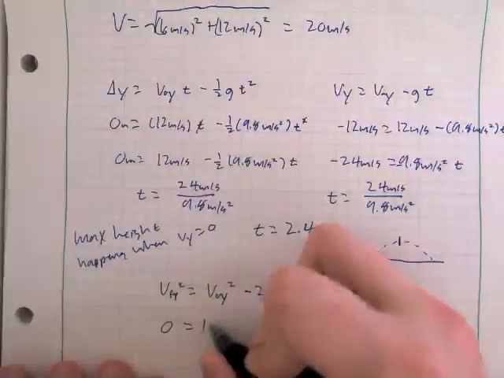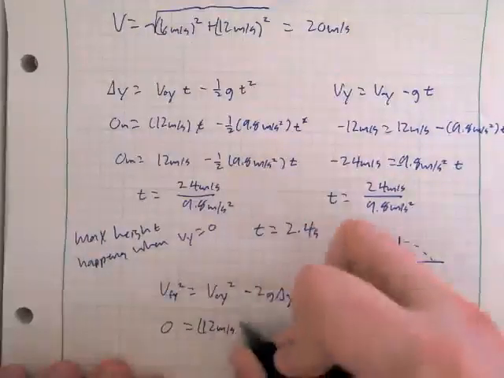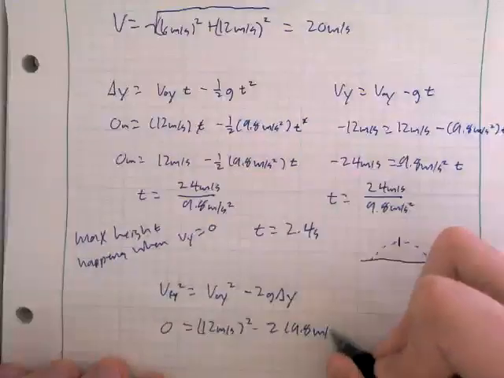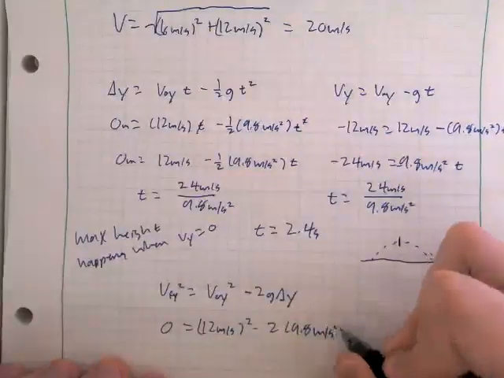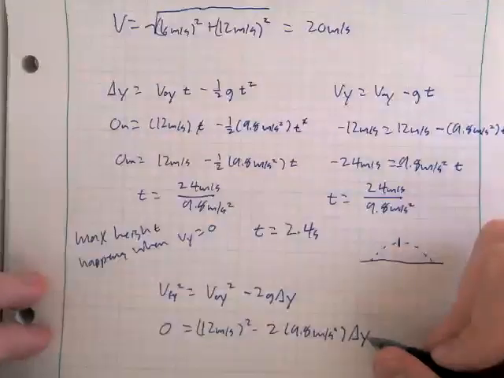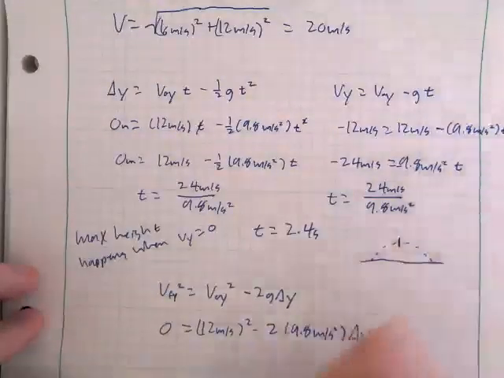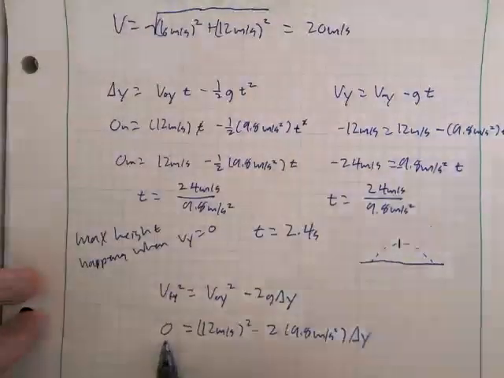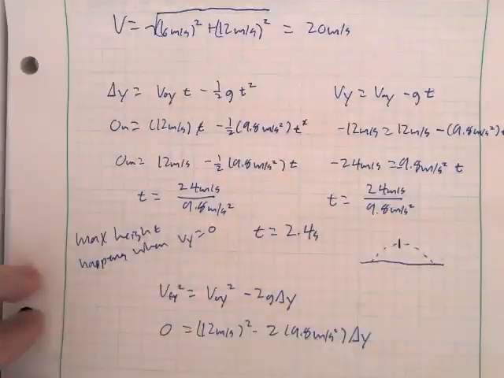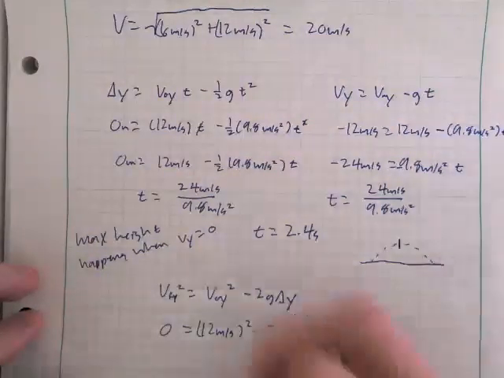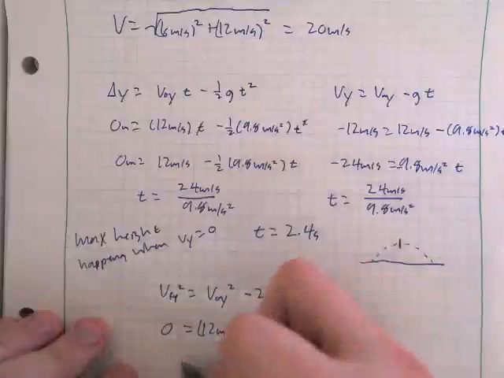So this will be 12 meters per second squared minus 2 times 9.8 meters per second squared times delta y. And so this delta y now will give you the maximum height, right? We have set up our equation such that the condition we want to fulfill is when we have 0 for our maximum height. So we have 0 equals our initial speed squared in the y direction minus 2g delta y. Solve for delta y.